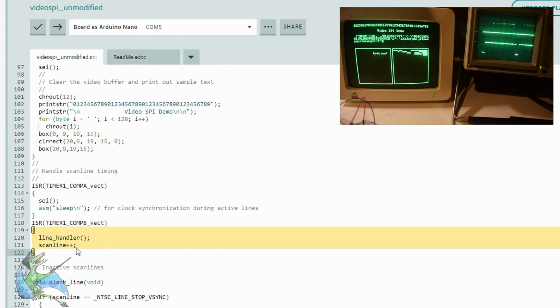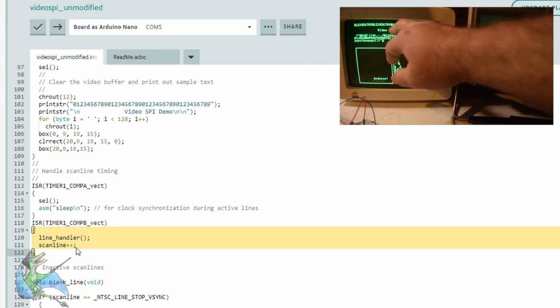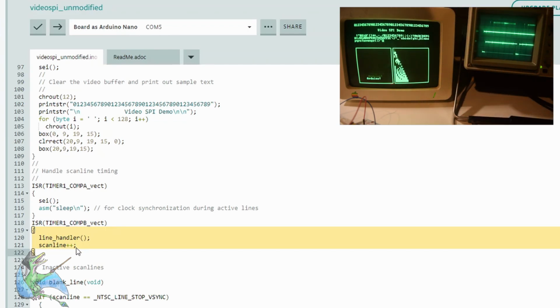When it starts from 0 and gets to 262 lines, that's when it fires off the vertical sync, resets the counter, waits 3, and starts over. You get the idea. Again, I would highly recommend this piece of code as a good introduction to doing video with Arduino.